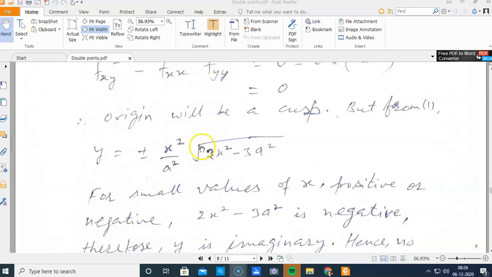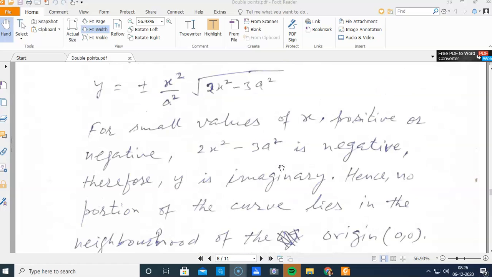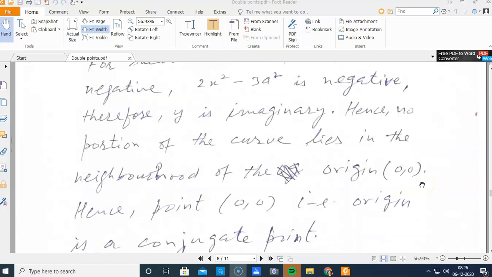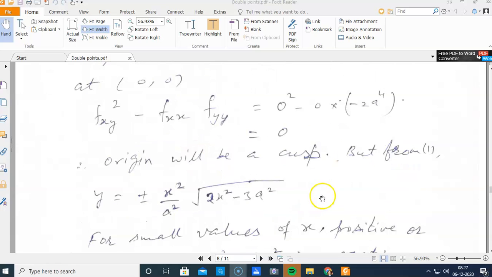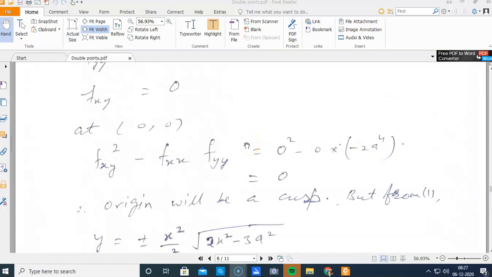So the square root will be a square root of a negative quantity, which will be imaginary. Hence y is imaginary, and no portion of the curve lies in the neighborhood of the origin, and hence the point (0,0) is a conjugate point, although this method was indicating that it is a cusp.